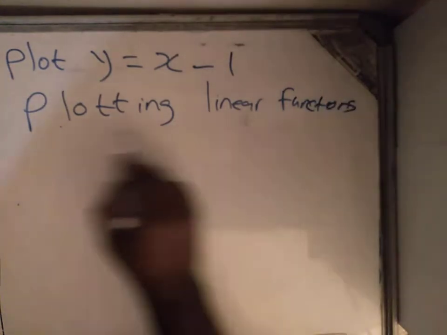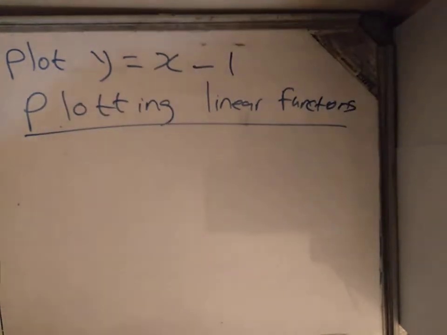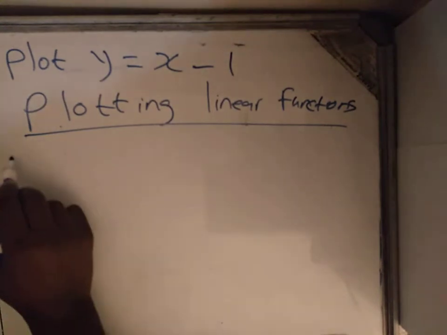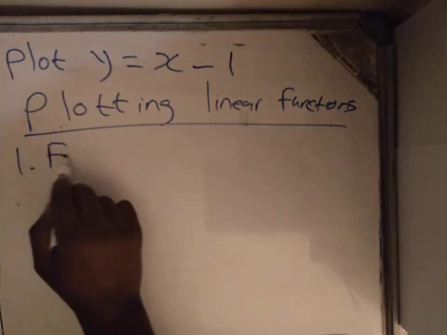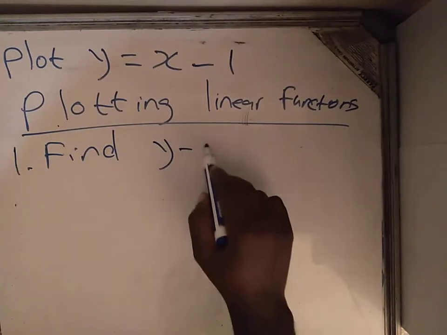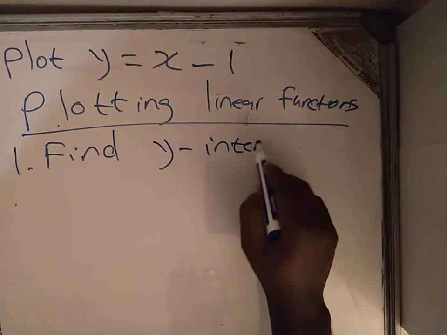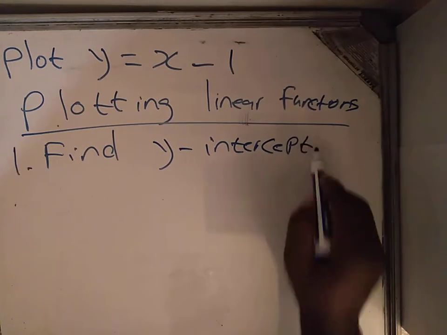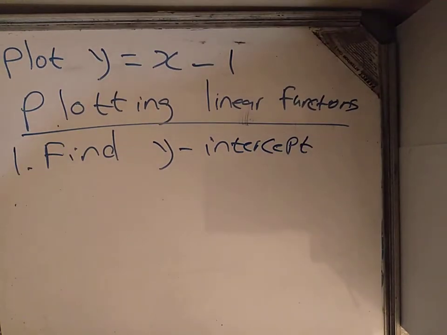Guys, when you're plotting linear functions, there are only two things that you need to find, and when you have found those things, then you are done. Number one, find the y-intercept. Okay, so how do you find the y-intercept?